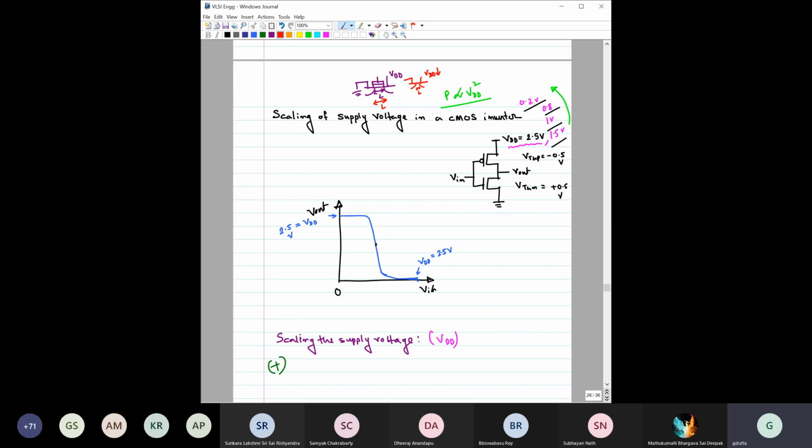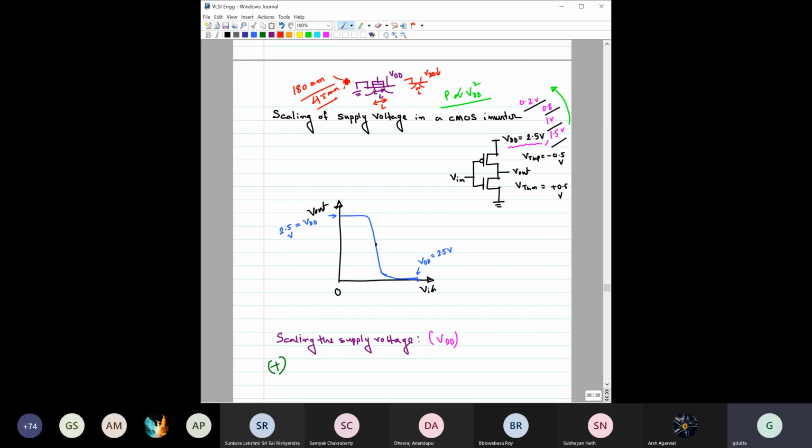Sir, but reducing L is limited by technology, right? Because we cannot reduce it after a certain extent. True. Reducing the gate length, there is some technology limitation beyond which we cannot do that. But whenever you are reducing it, suppose we are considering 180 nanometer technology, and then say 45 nanometer technology, then obviously you can see there is a significant reduction in the gate length, right?